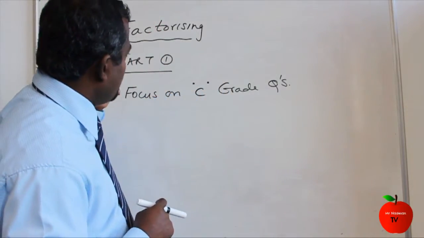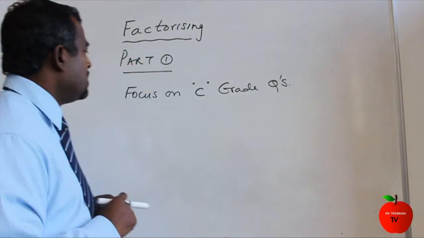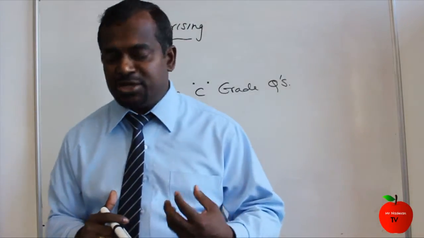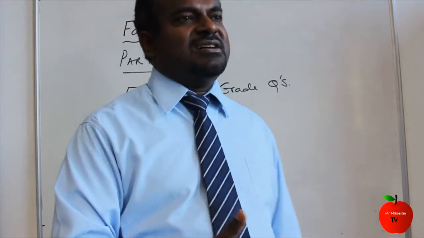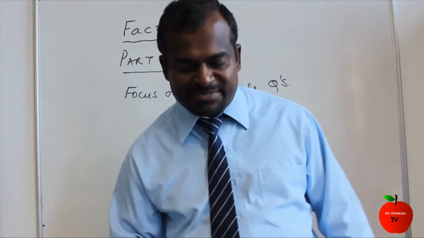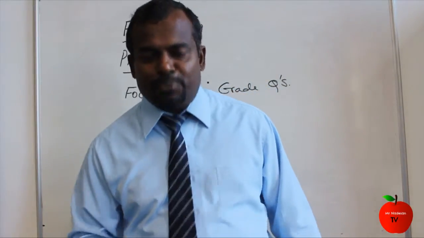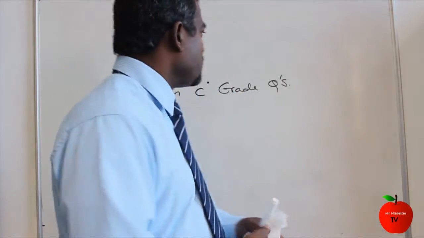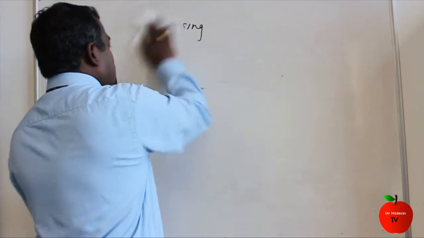Today we are looking at factorising part 1, focusing on the C grade work. Factorising, we did it earlier: expand and simplify, expanding brackets. Factorising is the opposite of expanding. First, we have to look at the factorising part.